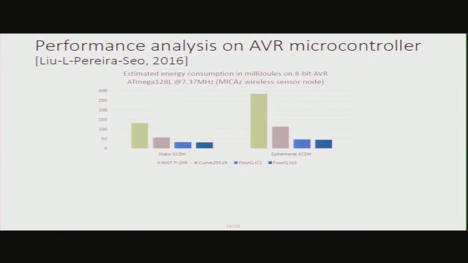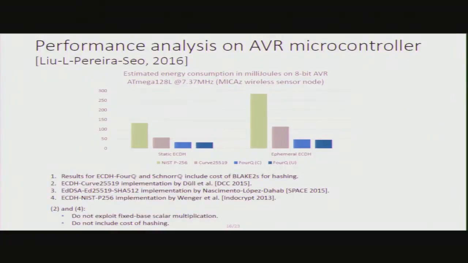So again, you can see the significant improvement in terms of energy, especially notable in ephemeral ECDH, and again, it's because most implementations of, let's say, Curve25519 don't exploit pre-computations for ECDH. So for truly ephemeral computations, our library performs much better. And that could be important for low energy applications.